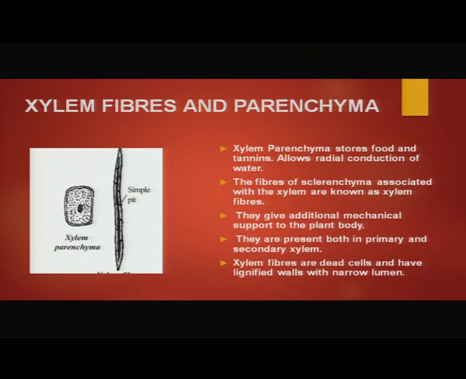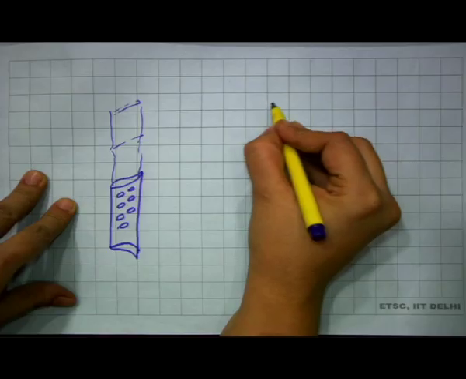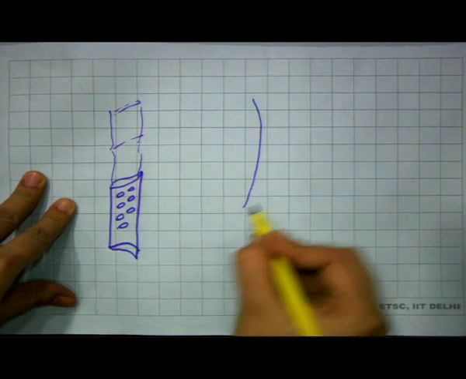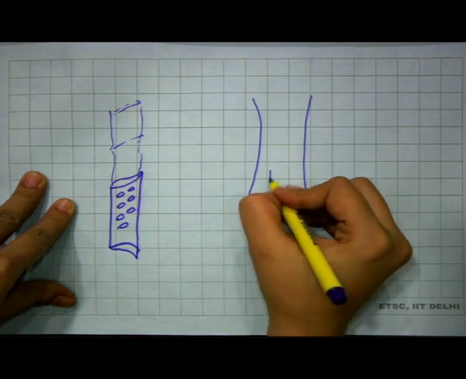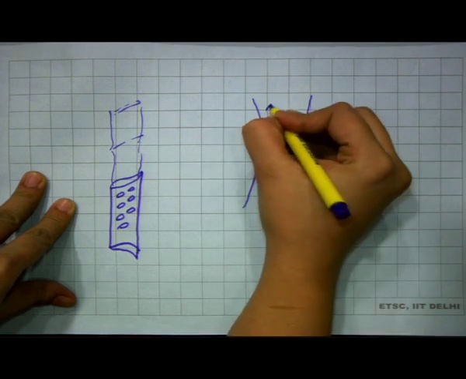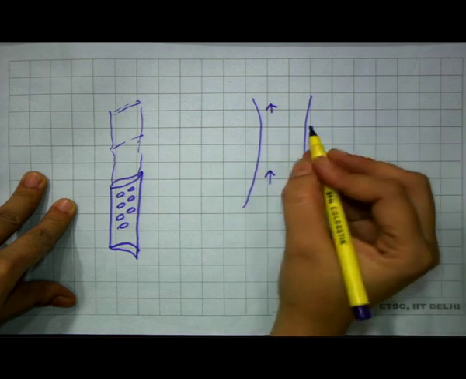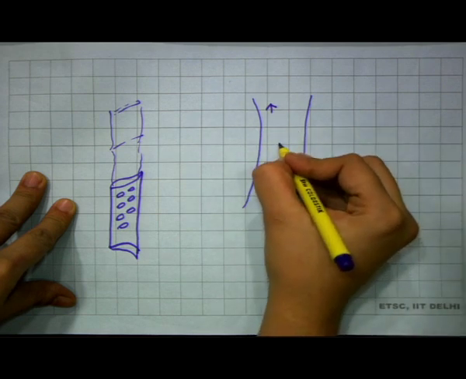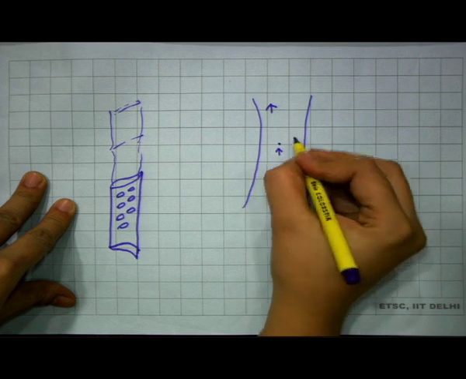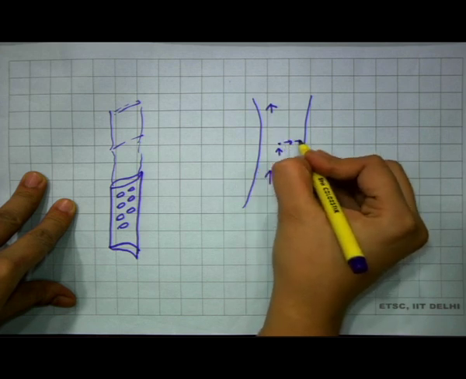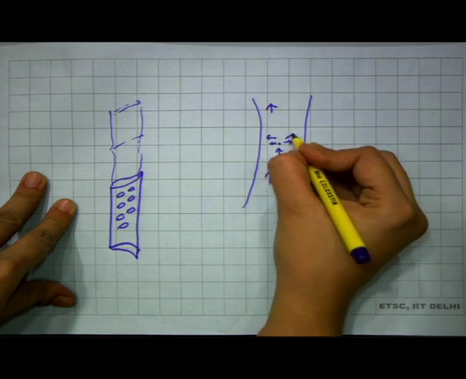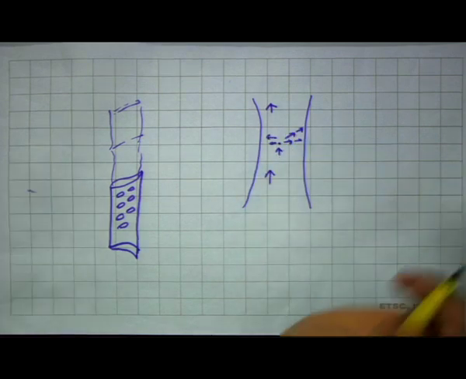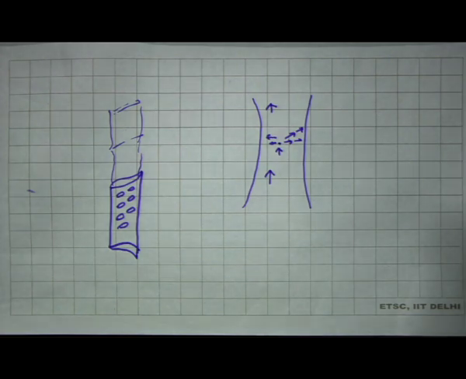Radial conduction means, look, suppose this is a plant, the water needs to go up, this we all know, from roots to other parts of the plant, but since the xylem is here somewhere in the middle, the water also needs to be taken in other directions towards the periphery, and this is the radial conduction of water, and this is done by xylem parenchyma.